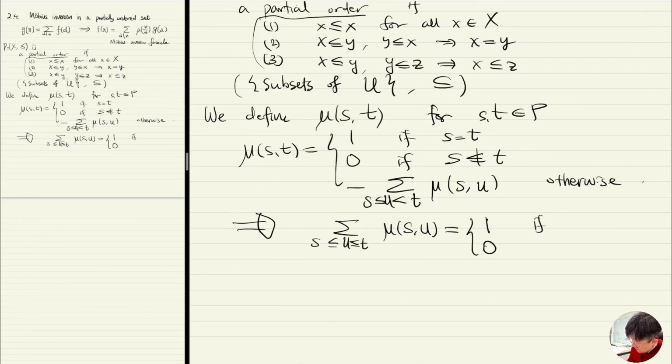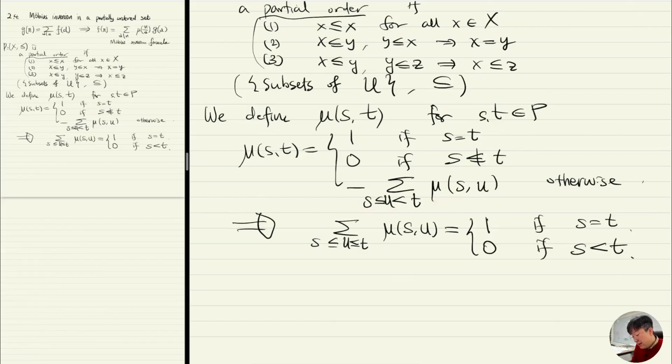If s is equal to t, then it's 1 because you are only adding one element, and 0 if s is strictly less than t. This is the whole purpose. And by the way, this is a definition. It's a recursive definition, right? So I know what mu of s, s is, because it's 1.